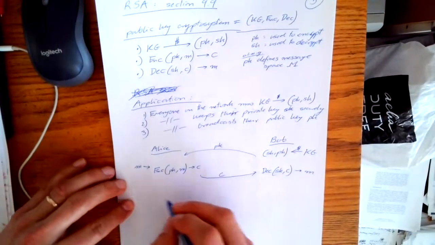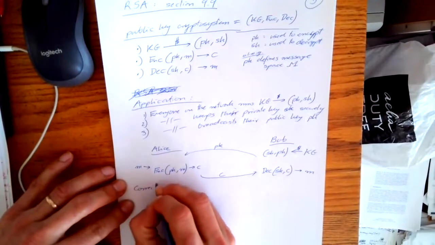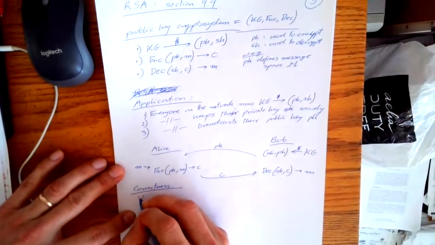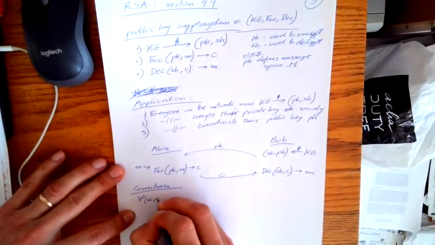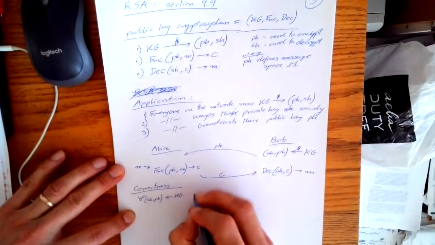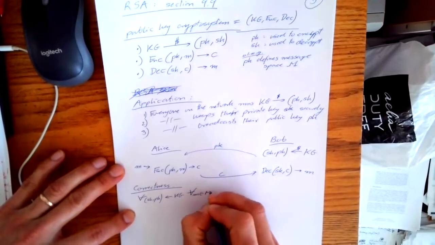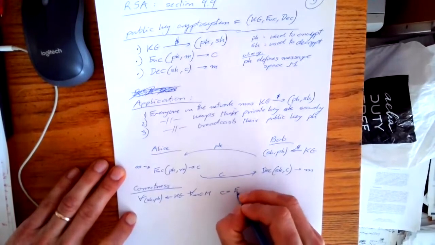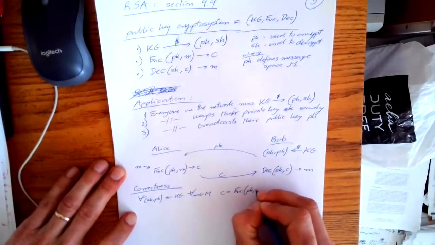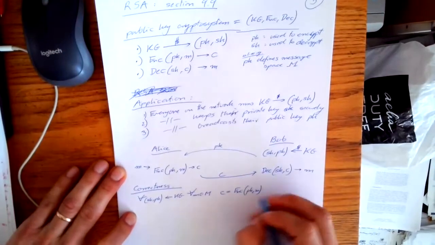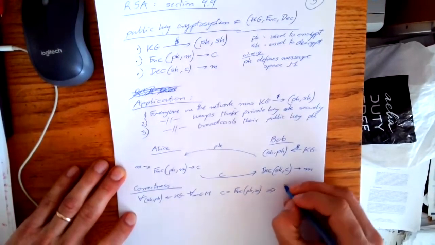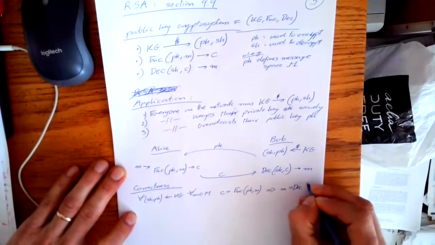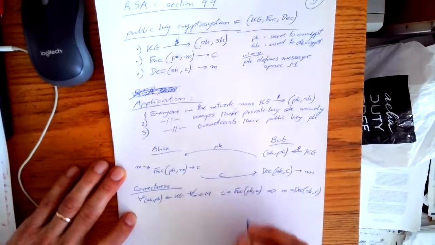And of course, correctness now is that for every generated secret key, public key pair, for every message in the message space, if C is an output of the encryption function, then the original message will be output by the decryption on this ciphertext, right?